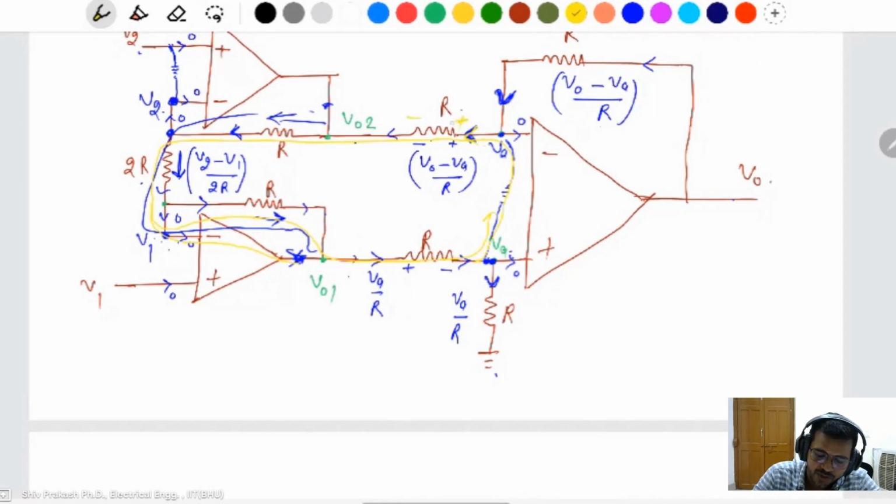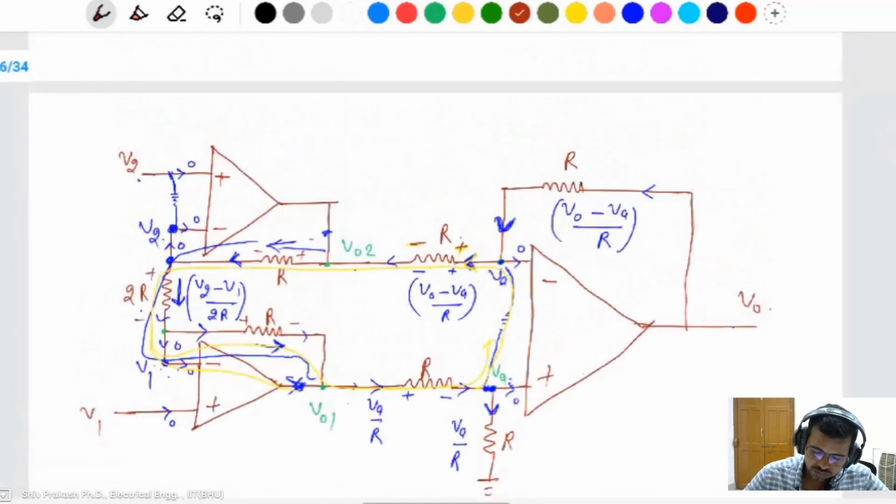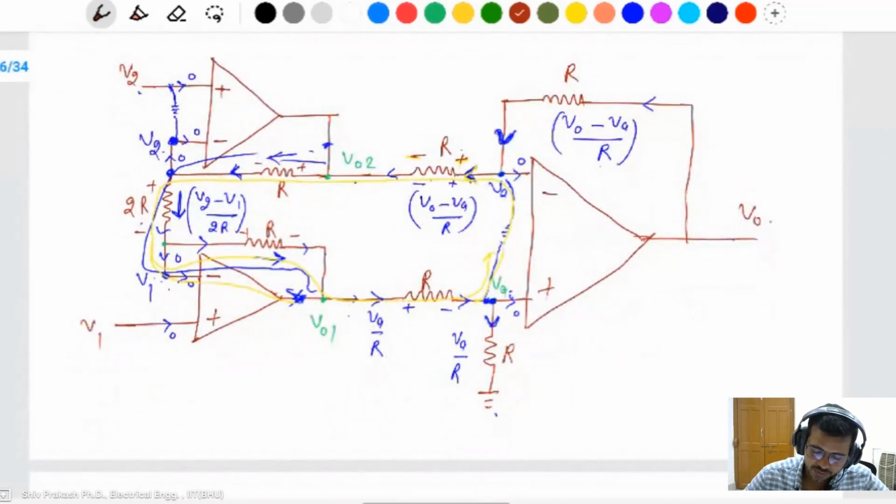This will be positive, this will be negative. This is also positive, negative. So positive, negative also already there. Then start from here, and if you start at that point and come back to that point, it is a closed loop of the KVL, the same point.